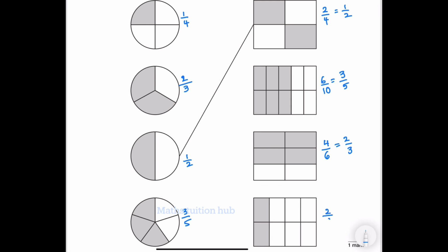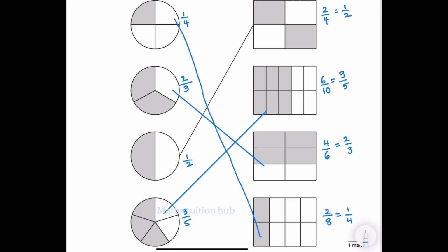And the next step 2 out of 8, so that is a quarter is equivalent, so match quarter to 3/5 and 3/5, 2/3 and 2/3, and quarter and a quarter.